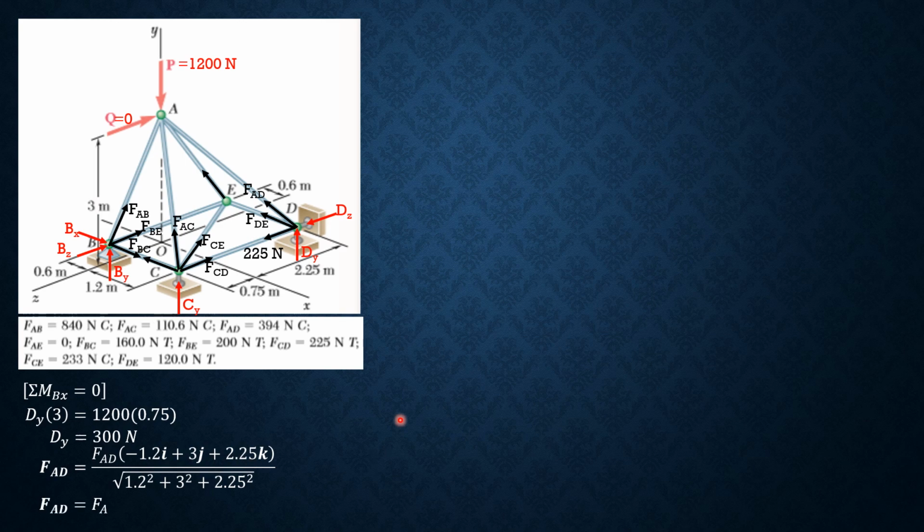Simplifying, FAD in vector form is magnitude of FAD times negative 0.3048i plus 0.7619j plus 0.5715k. So only FAD must be in vector form. The rest, it's directed. FDE is in the negative x direction, and 225 is in the positive z direction.